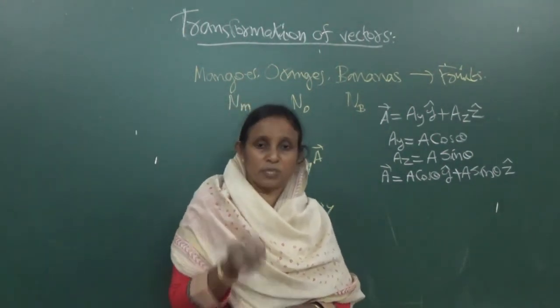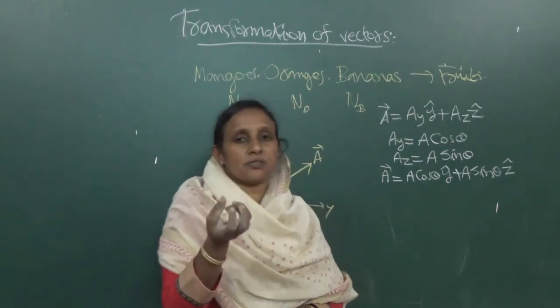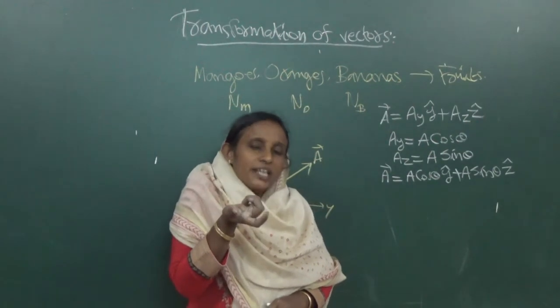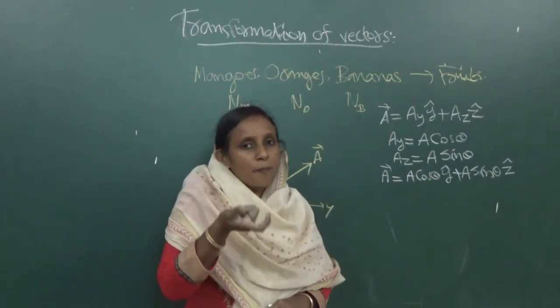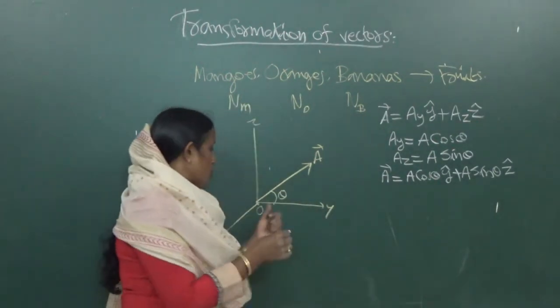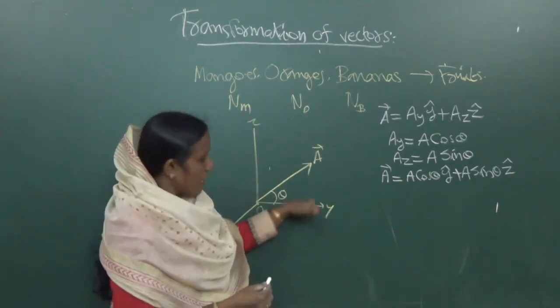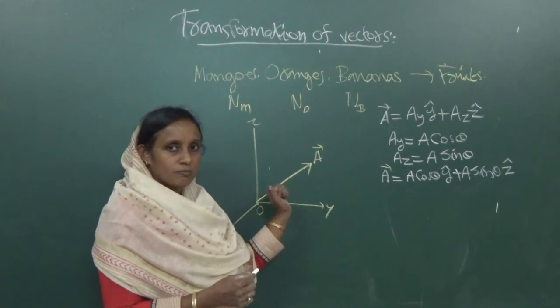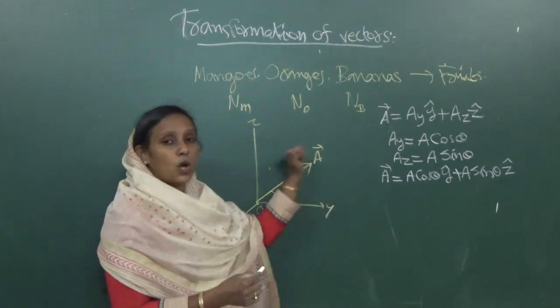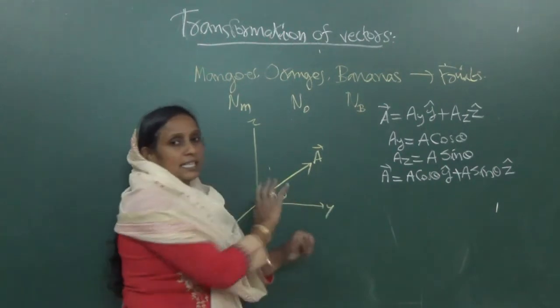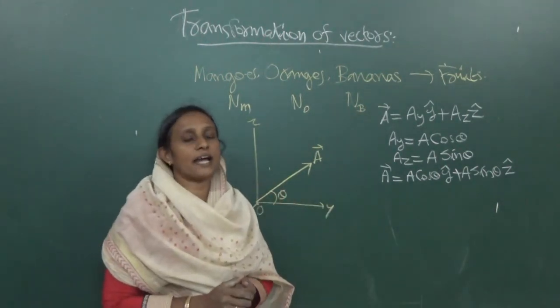Let us analyze a simple case. Suppose I rotate the coordinate system about the x-axis, which points along this direction. I rotate the coordinate system counterclockwise with respect to the x-axis through an angle phi.